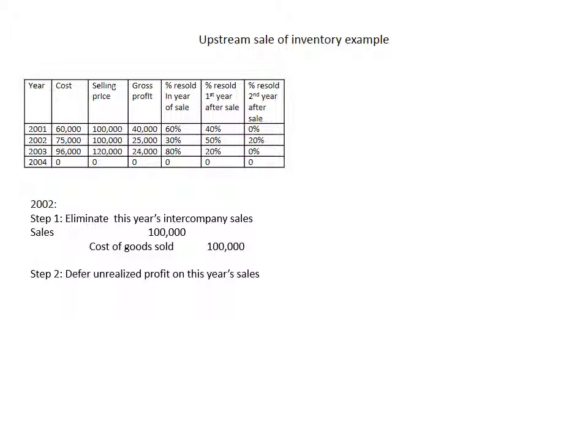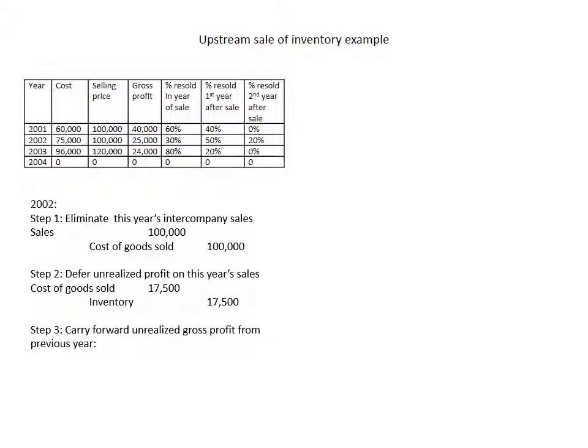The other 70% hasn't been sold yet. That means that 70% of that $25,000 gross profit hasn't been realized and has to be deferred. So we increase cost of goods sold by $17,500, which is 70% of the $25,000 profit, and we reduce our inventory by the same amount.